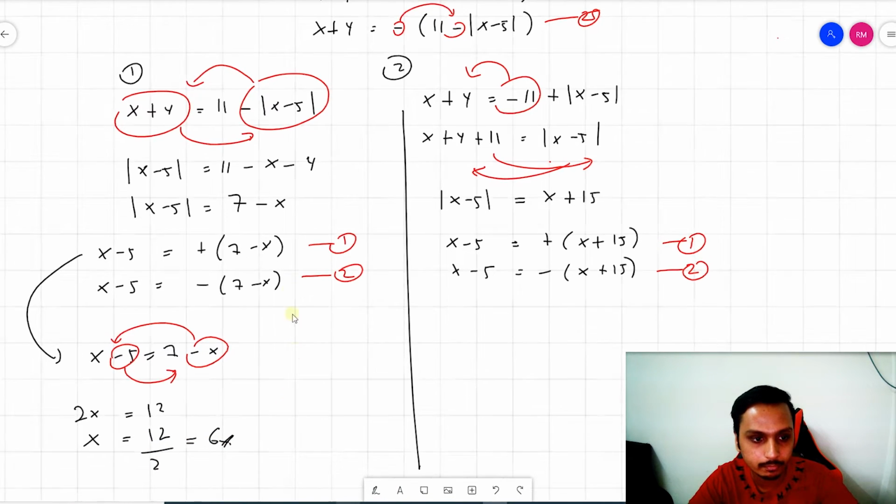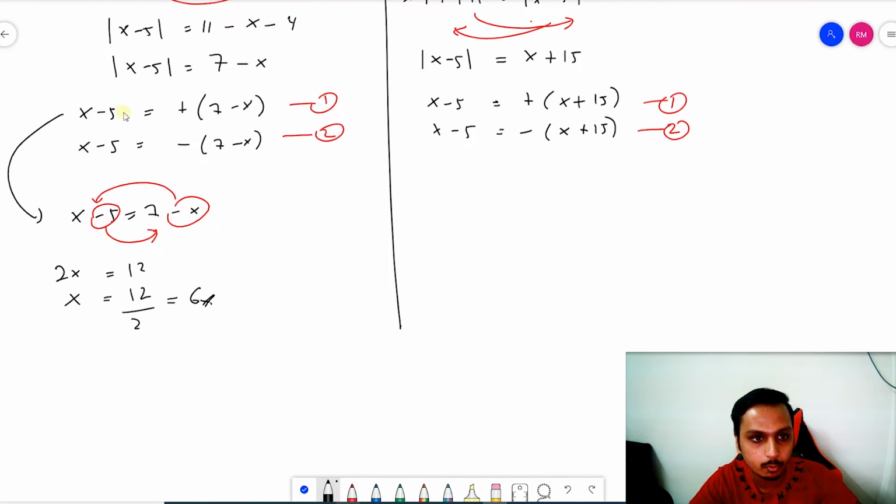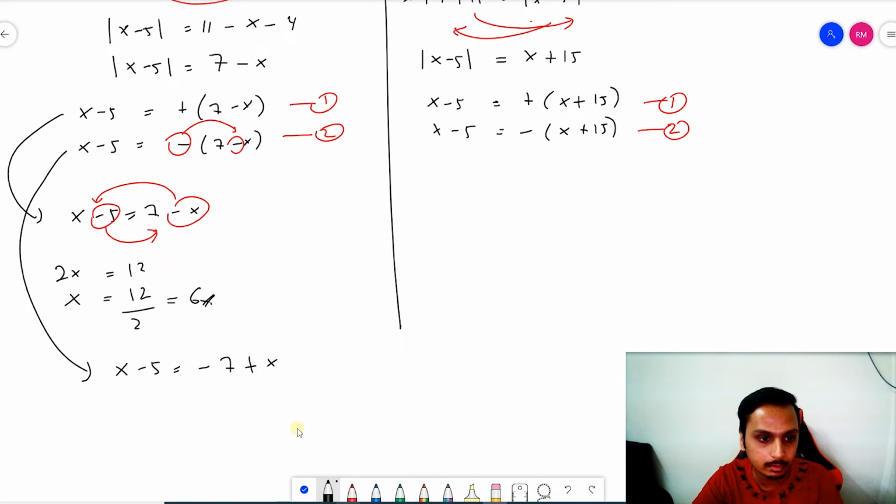We solved for equation number 1, component 1. So let's solve for the next one. So x minus 5 equals to negative 7. Don't forget, when you expand it, negative and negative will become positive, right? So plus x. So this one, I'll be having no answer. Why am I saying this? Because I need to move x to the left hand side and negative 5 to the right hand side, correct?